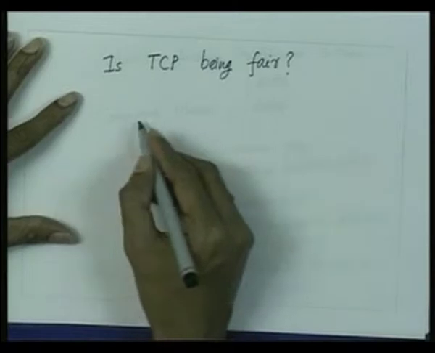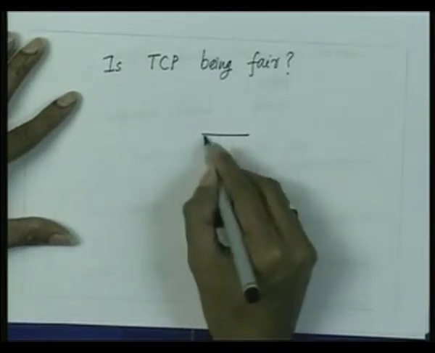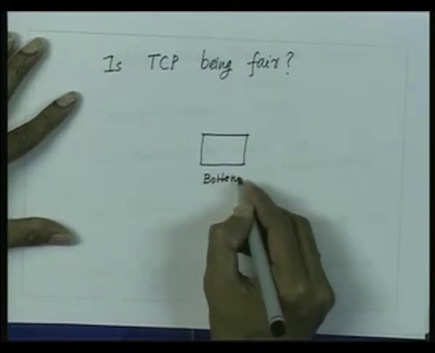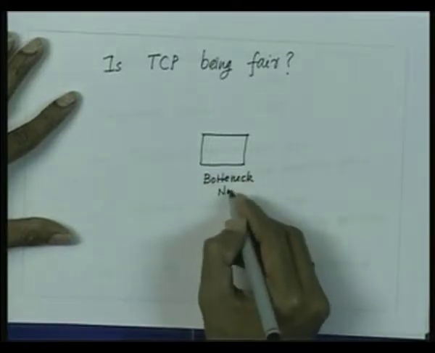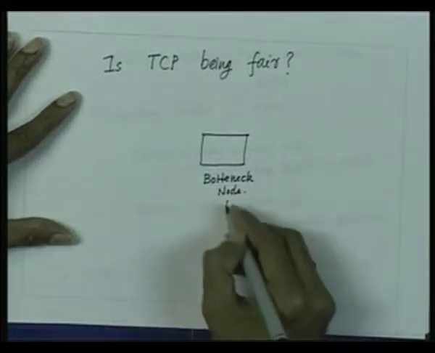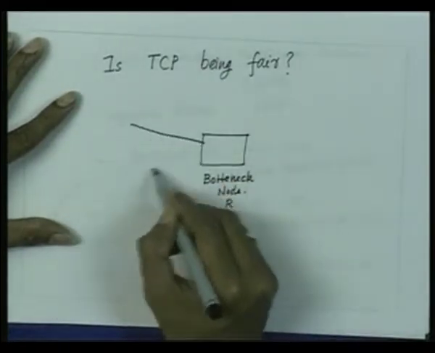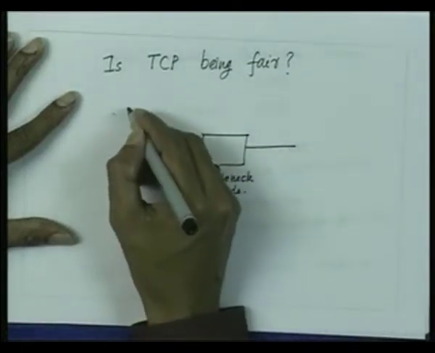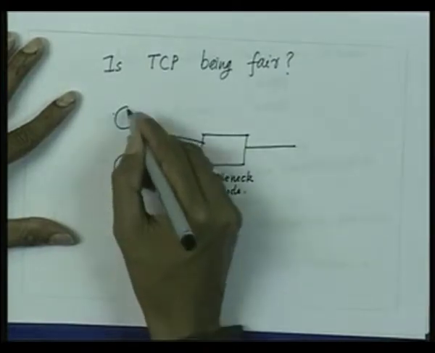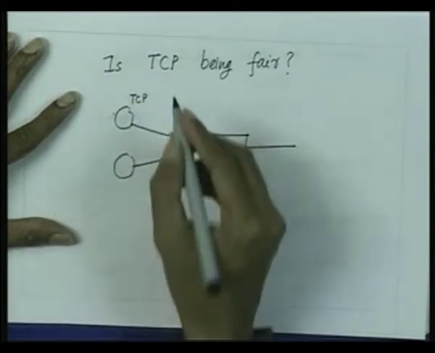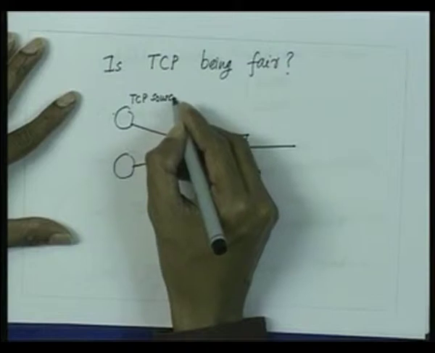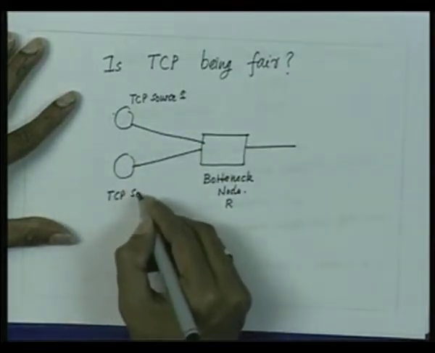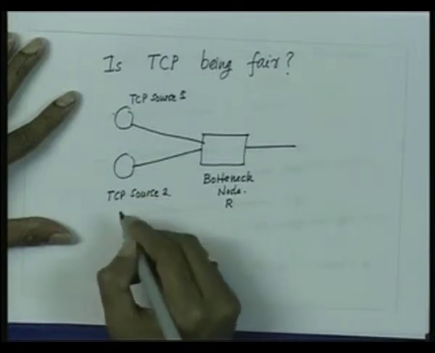Now let us assume that we have a bottleneck node here, through which there are two sources sharing this link: TCP source 1 and TCP source 2.